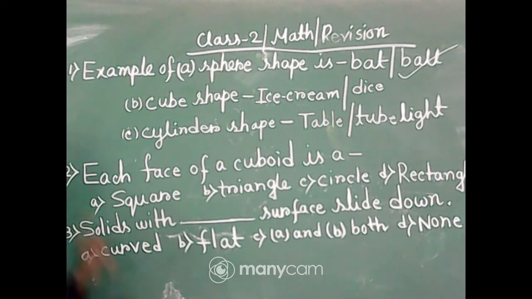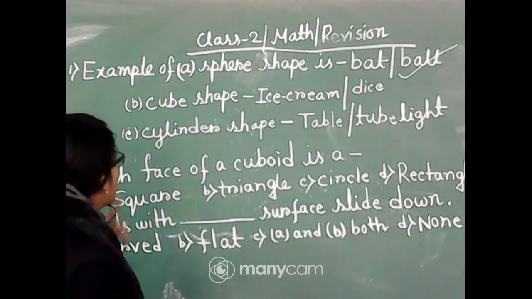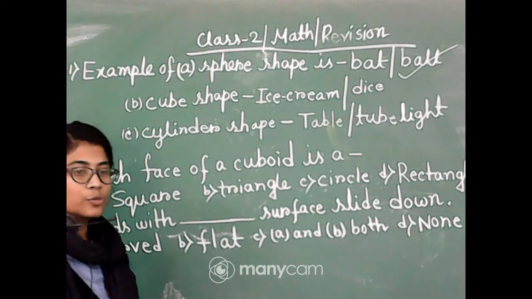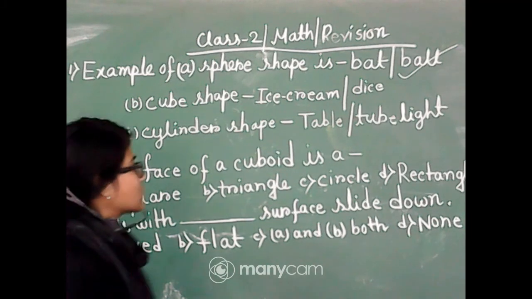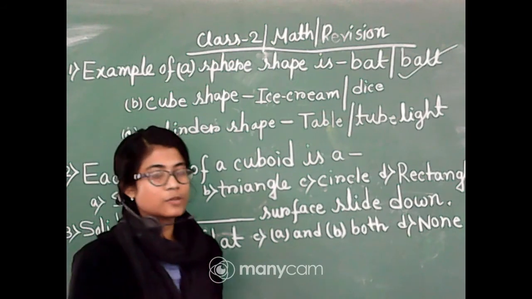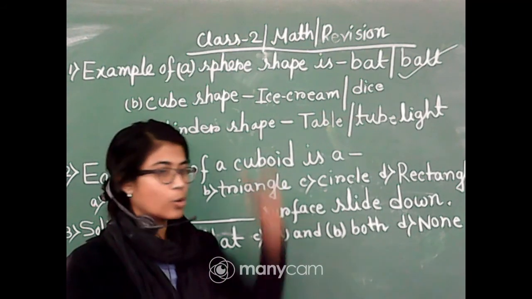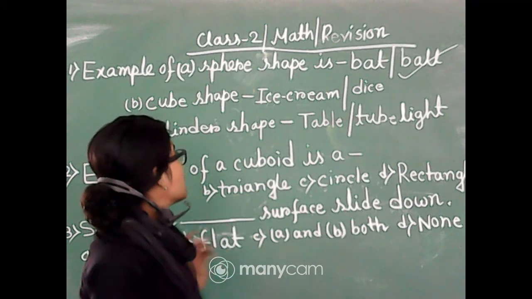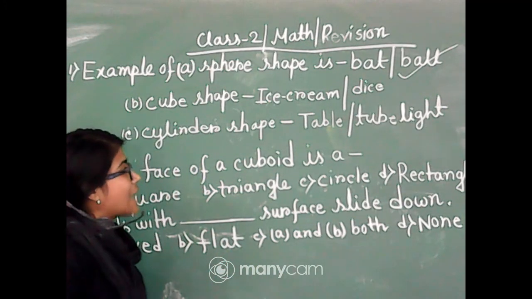Now number B is example of cube shape. Is it ice cream or dice? When you went to the market and they gave you a cone ice cream like kulfi, so which shape is just like a cube? Is it ice cream or dice?